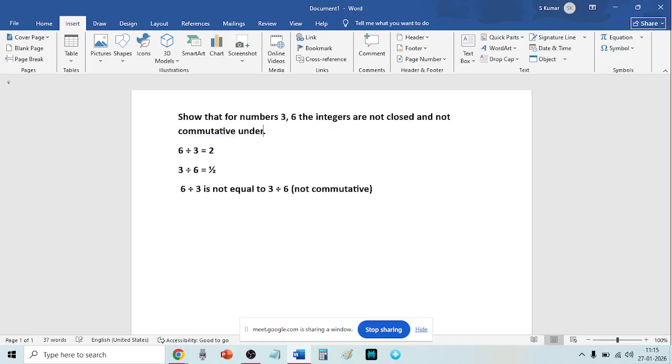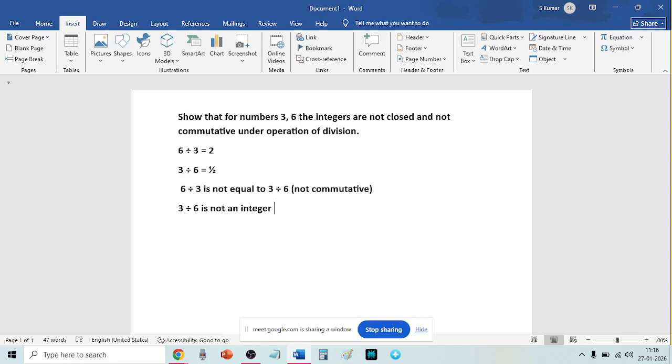Not closed and not commutative for division, I forgot the full term: under the operation of division. Not commutative. And 3 divided by 6, this part: 3 divided by 6 equal to 1 by 2 is not an integer, it is a fraction.